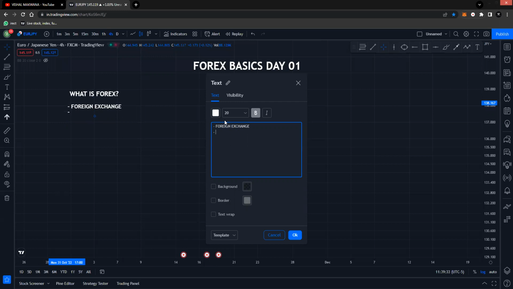They each have their own currency. For example, we have Indian rupees, the US has US dollars, Canada has Canadian dollars, Japan has the Japanese yen, and so on. Now, exchanging of these currencies depending on their rates is called foreign exchange.